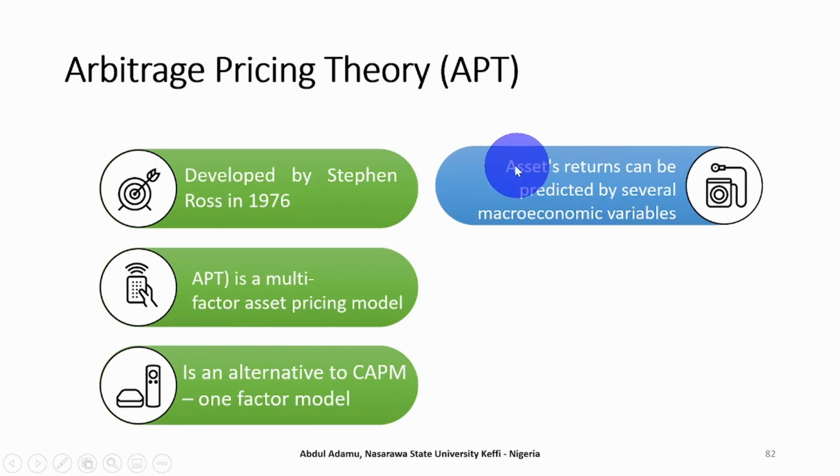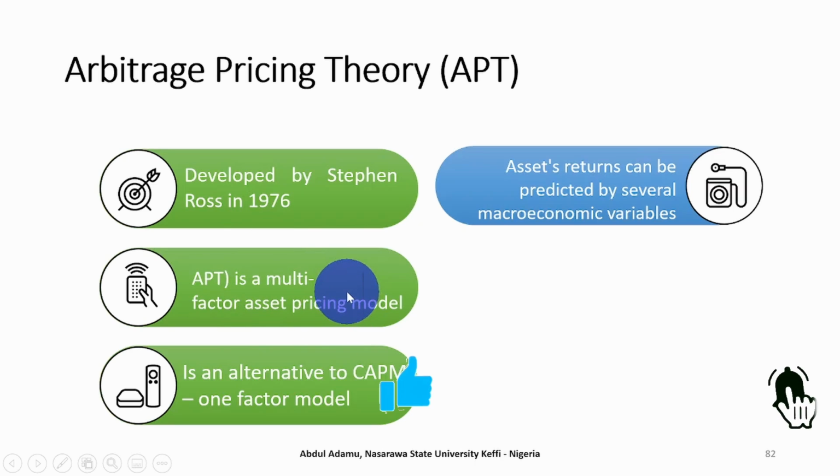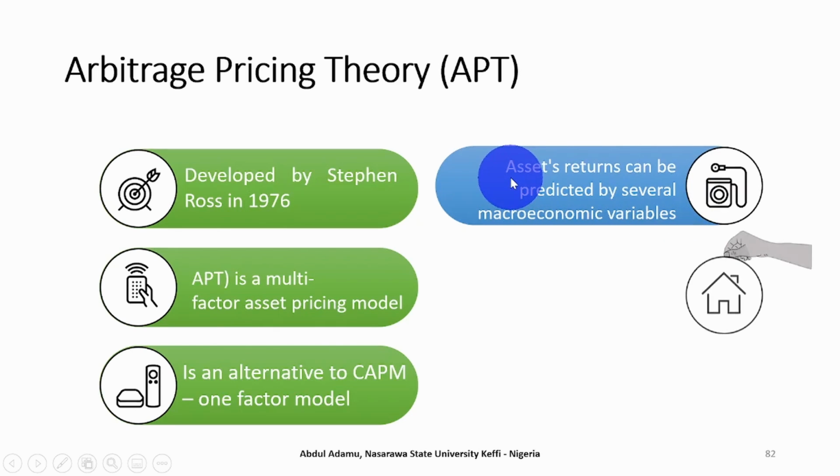The asset returns using the arbitrage pricing theory are predicted by several macroeconomic variables. This theory is saying that it is not only the market index that affects the stock return. There are other macroeconomic variables, like GDP, that also affect the asset return.